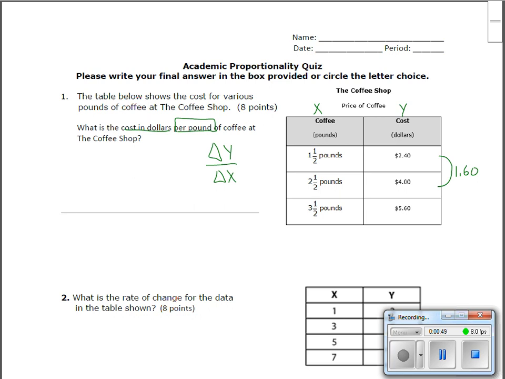And if I go from $4 to $5.60, that's a $1.60 difference. Well, 1.5 to 2.5 pounds is 1, and 2.5 to 3.5 is 1. So the change in Y over the change in X. So my answer would be $1.60.